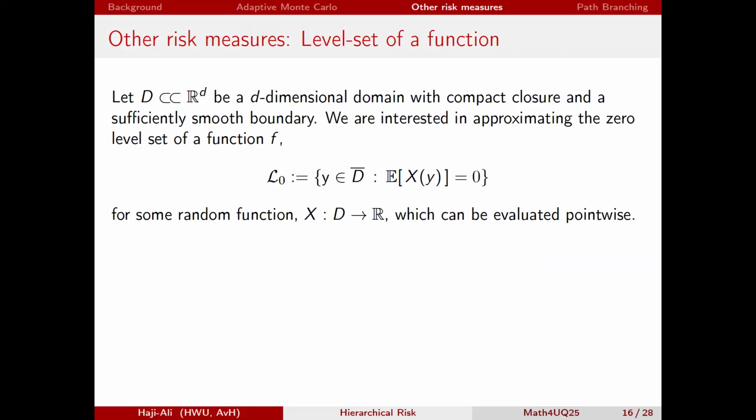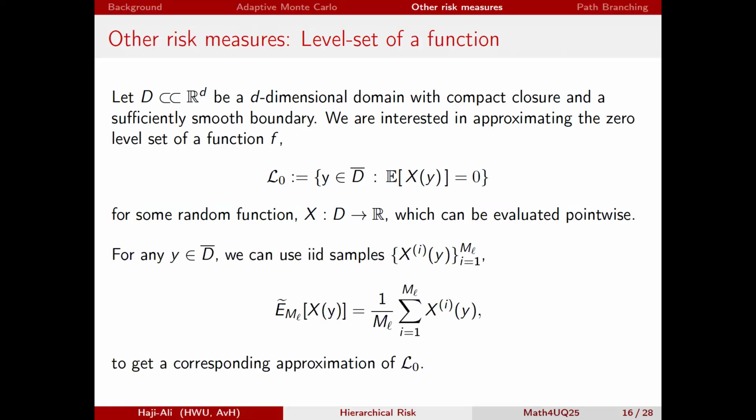Another risk measure is to find a level set of a function. So, for example, if you are interested in the expected value of some random function depending on some spatial variable y, and you're interested in all the values of y for which this expectation is 0, then you might want to approximate that expectation with a Monte Carlo sampler, and then get a corresponding approximation of the level set.